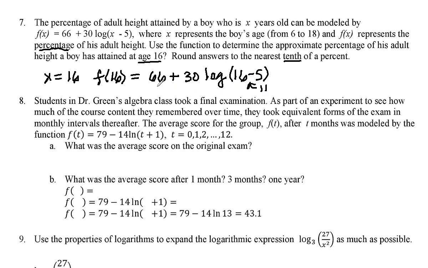So you'd want to key that into your calculator. 66 plus 30 times the log of 11. And if you do that and round it to the nearest tenth, you get 97.2. So that's going to be 97.2% of the adult height. Okay, so that one's just a plug-in into the function. So you'll have a similar function that you'll have to plug in.